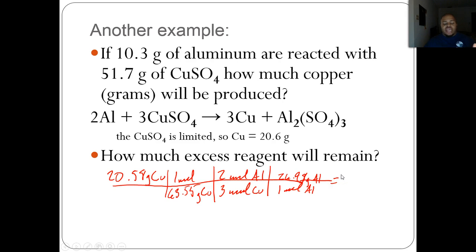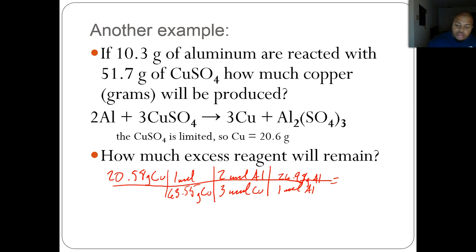Now, this calculation that I have here on the screen will tell me how much of my excess was used. So this isn't the final answer, this is how much was used. So 20.58 divided by 63.55 times 2 divided by 3 times 26.98.